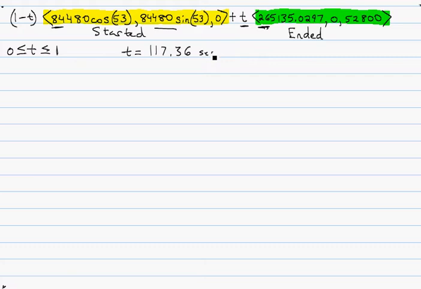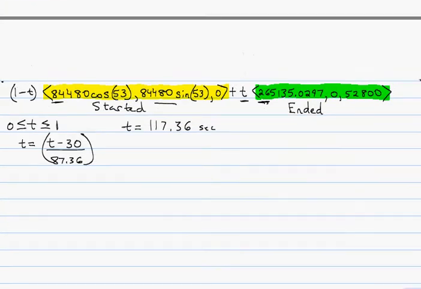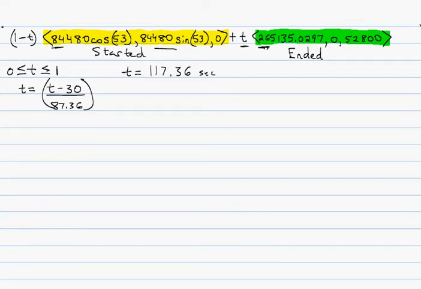So through some trial and error, we found that to adjust this, we would change t to equal t minus 30 over 87.36. So 87.36 is obviously 117.36 minus 30.